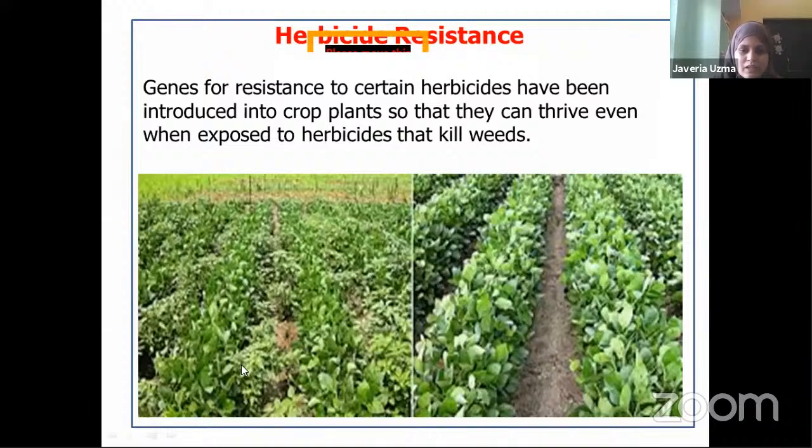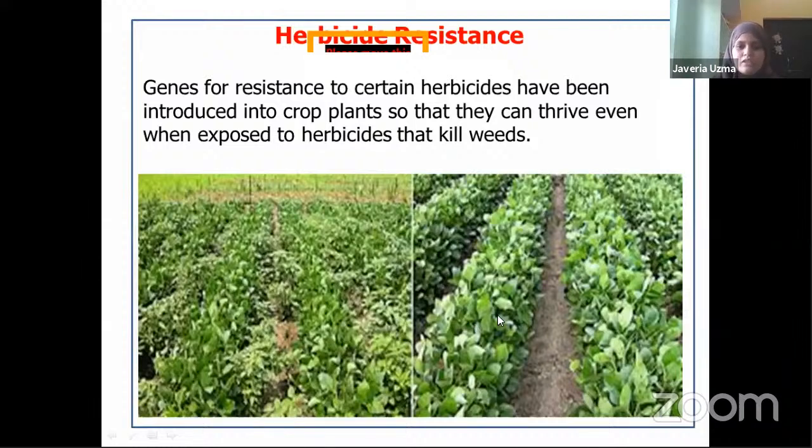When you spray these herbicides, these weeds will get killed, but along with that, our crop also will get affected. If you make this crop herbicide resistant, even if you spray the herbicide, the chemical you use to kill plants, the unwanted plants will get killed but your plant will not show any effect.